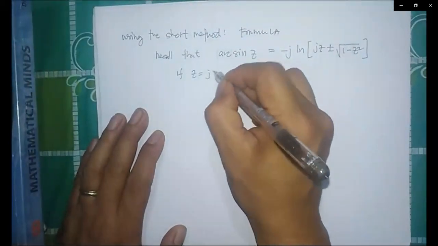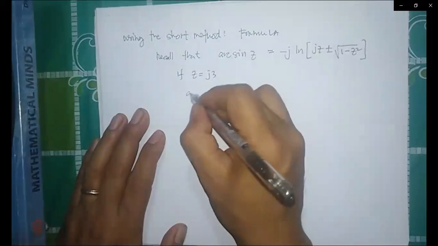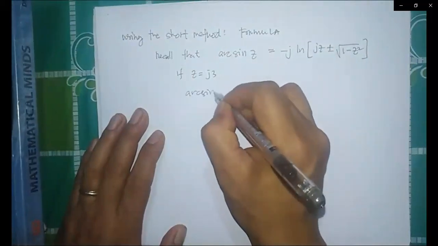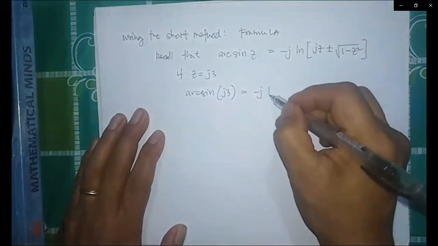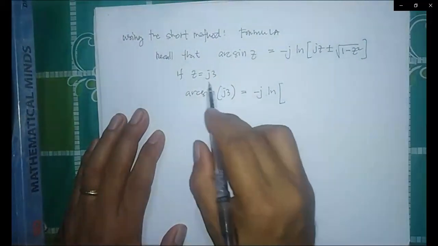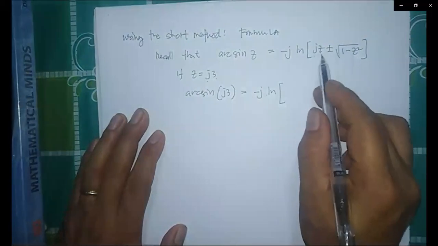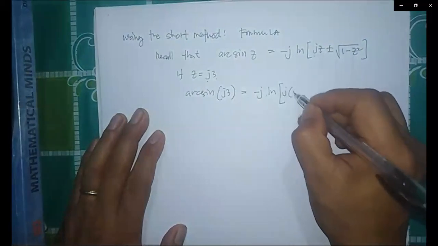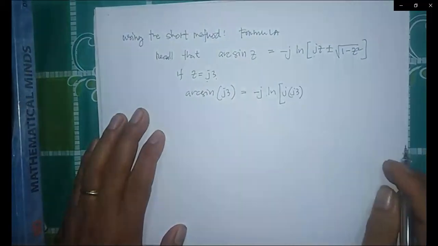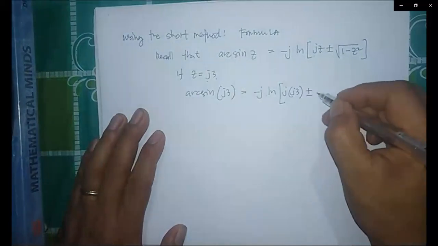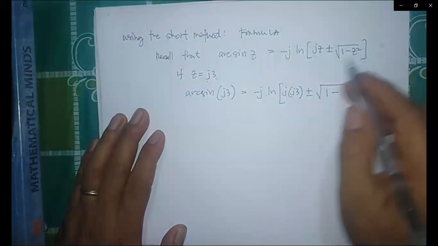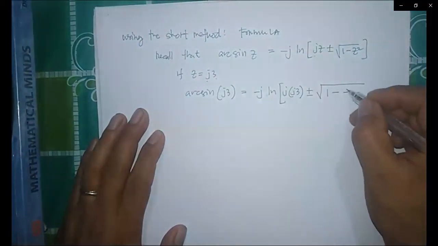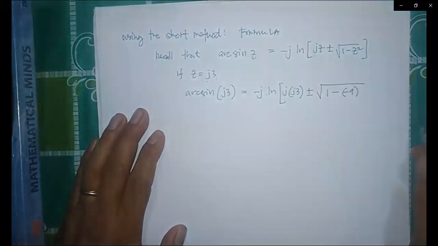Now, if z is equal to j3, we can have arcsine of j3 equals minus j ln of j times j3. We will copy that, plus and minus square root of 1 minus the square of j3. The square of j3 becomes negative 9.